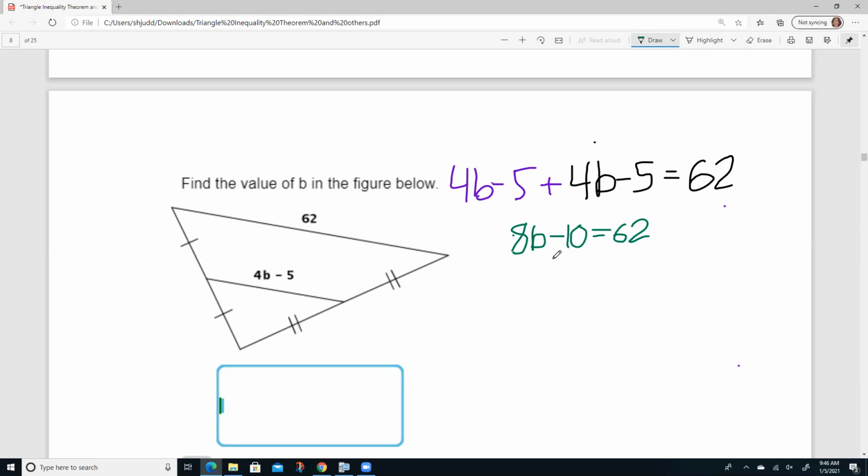All right, so let's go ahead and add 10 to each side. And that's going to give me 8b is equal to 72.